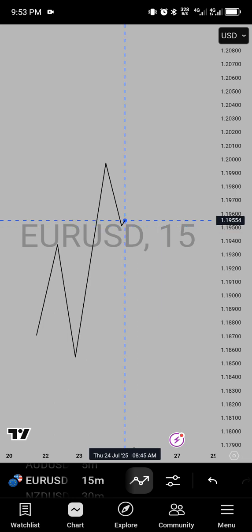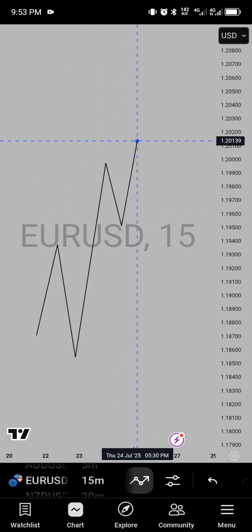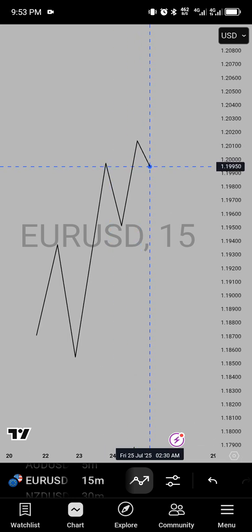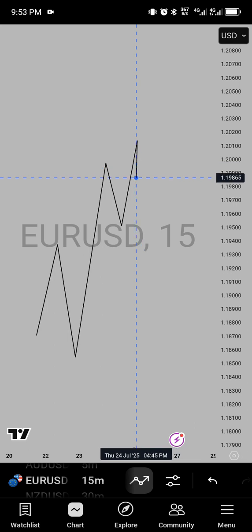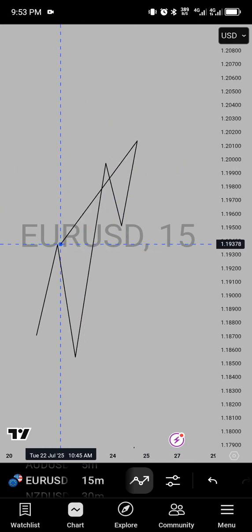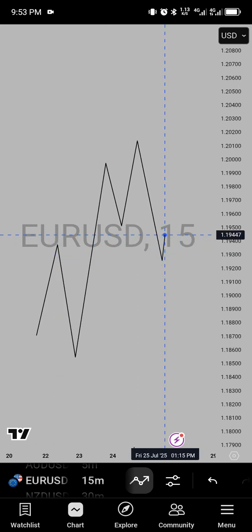And for us to confirm that our liquidity will protect this zone is for price to buy and create a second break of structure. So as it is now a second break of structure, what do we expect? We expect price to come to tap into this zone just like this and then buy.